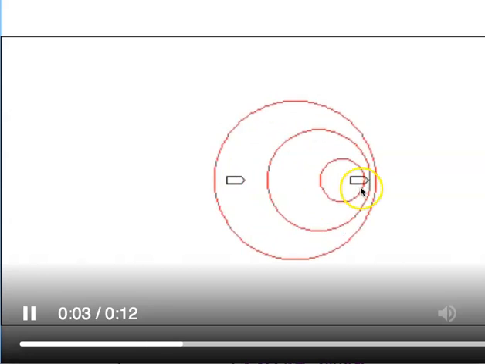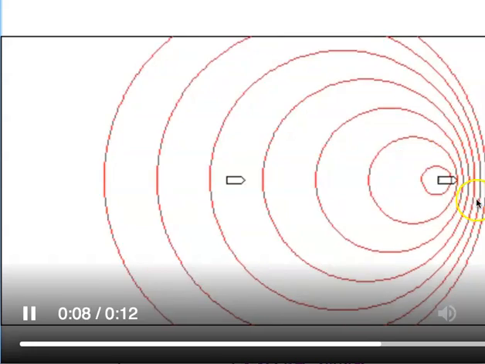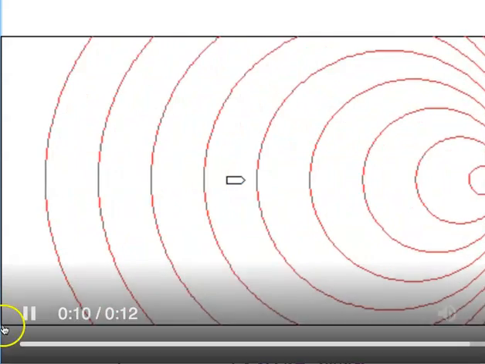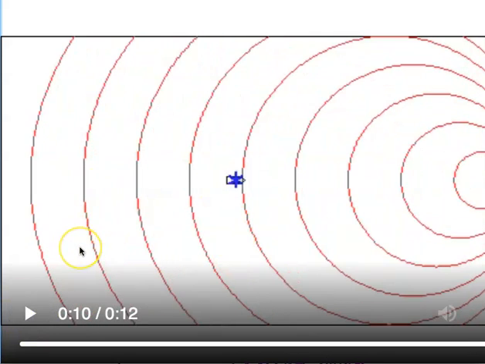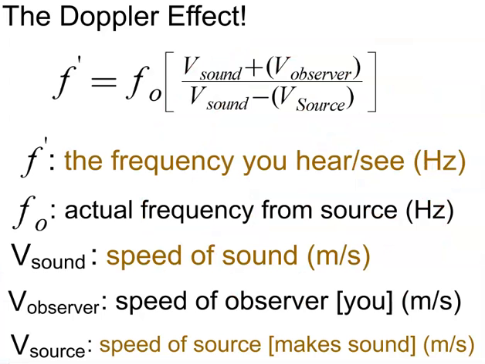So as you can see here, we have our source of our sound emitting waves at the same frequency, but due to the motion of the source of the sound, these wavelengths end up getting much closer together, and the wavelengths behind are further apart. And that is the Doppler effect. So again, close together, short wavelength, high frequency. Larger wavelengths, they're more spread out. Lower frequency, lower note that you hear.